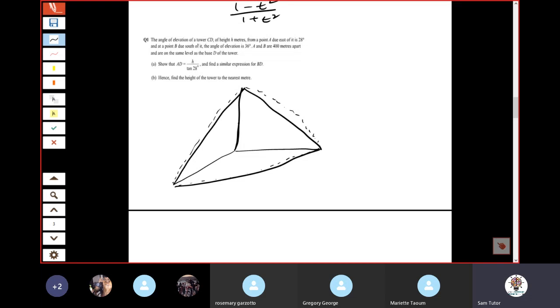The angle of elevation of a tower CD, of height h meters, h, from a point A due east of it. So due east, A, and the angle of elevation is 28 degrees, 28. And at a point B due south of it.